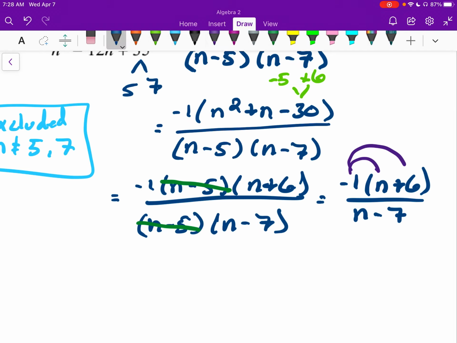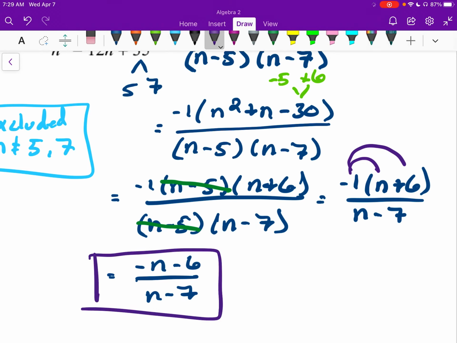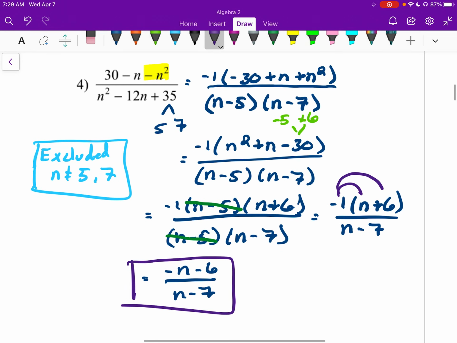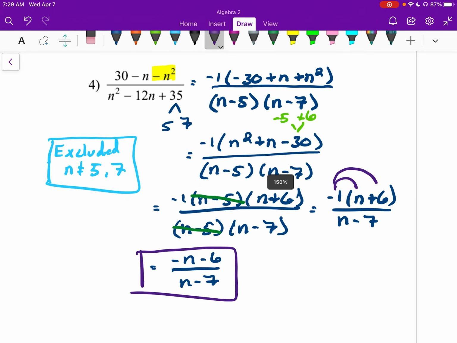But I'm going to change it into negative n minus 6 over n minus 7. And that's going to be my answer. You could, if you wanted to, put that negative 1 with the denominator and distribute it into the denominator. It would still be correct. It's just a different option. So that is number 4 there.